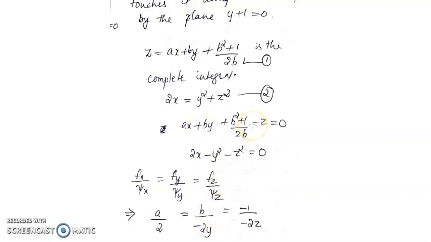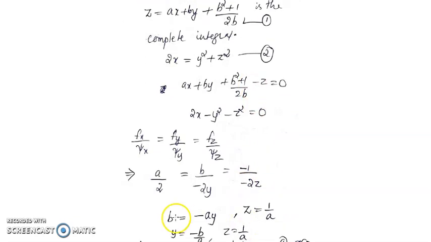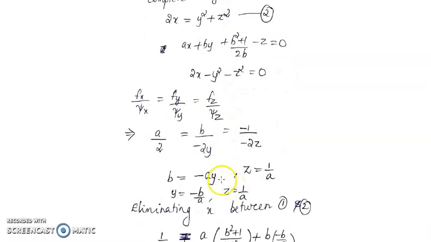Then f_z is minus 1 by minus 2z. So equate these terms, and that is going to give b equal to minus a y and z is equal to 1 by a.